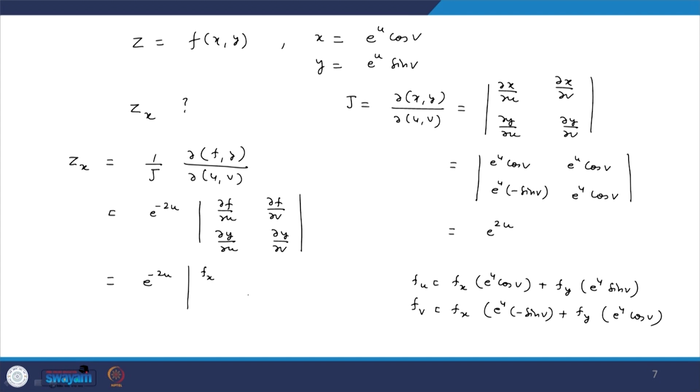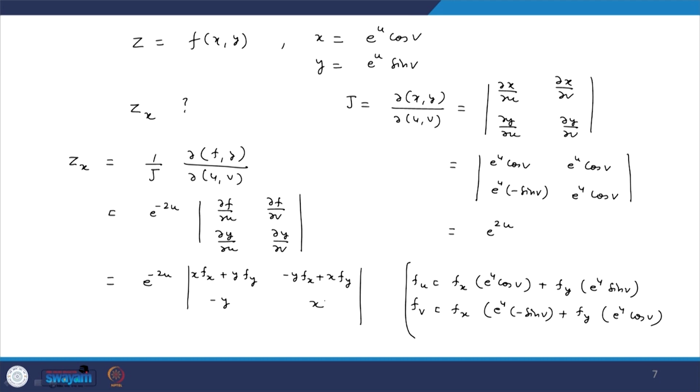So the entire expression we can write over here. This is simply x times f_x plus y times f_y, and here it is minus y times f_x plus x times f_y. Del y by del u and del y by del v we have just computed: it is minus y and x.